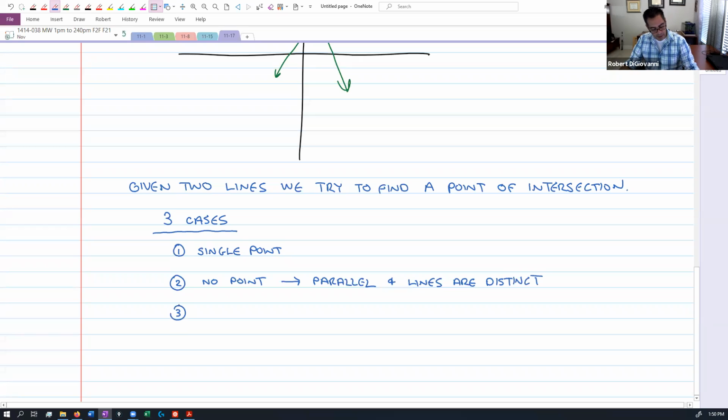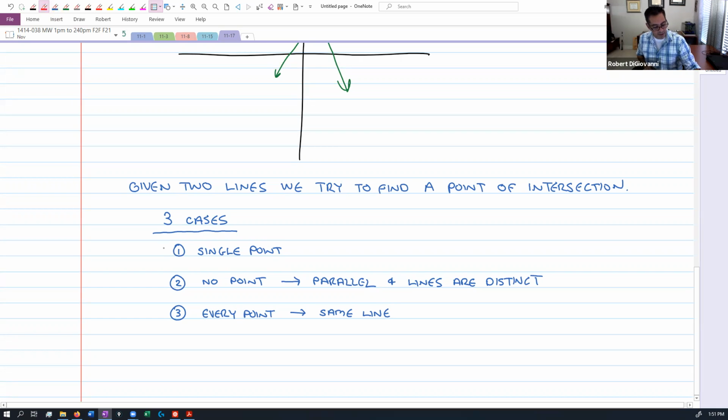The third possibility is every point is a point of intersection. And that would happen if they are the same line. So if I give you a line and then I give you the same line and ask you where does it intersect, it would be everywhere because they're the same line. So those are the only 3 possibilities.